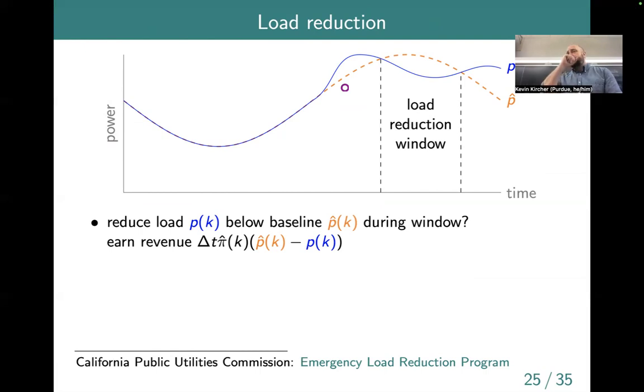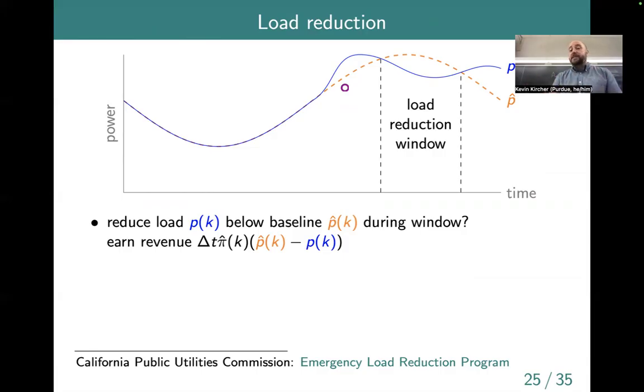It might be a price signal, but it might just be a directive that says, I would like you to please turn off your air conditioner, or please reduce your load by 10%, or please reduce your load by 10 kilowatts, something like that.